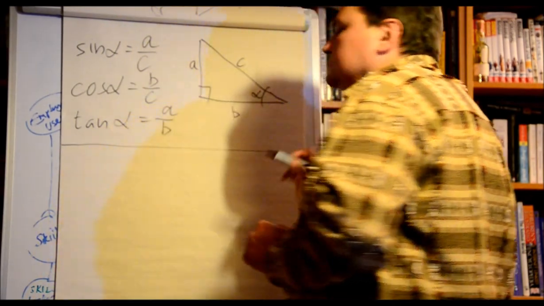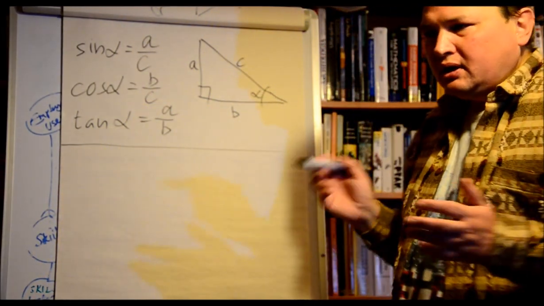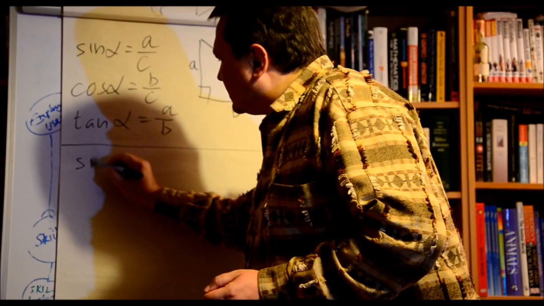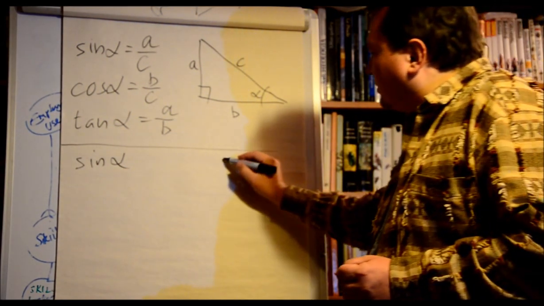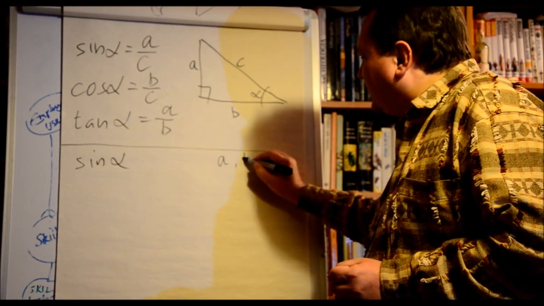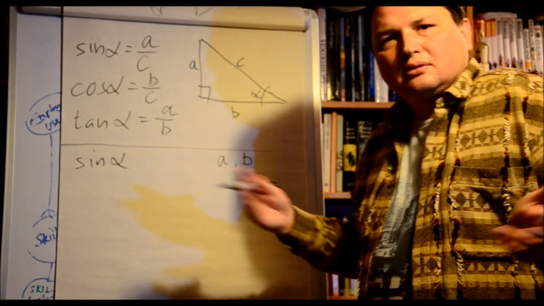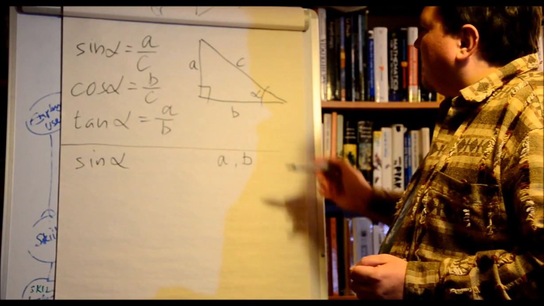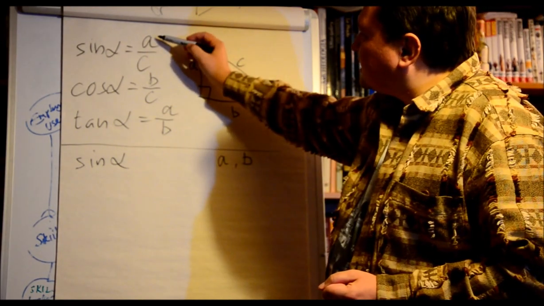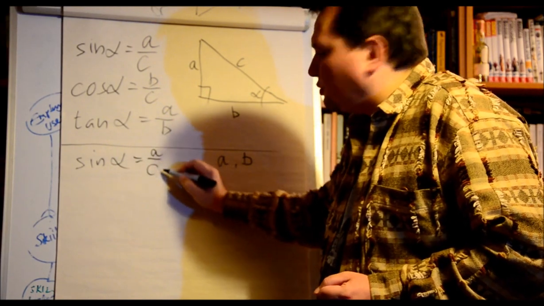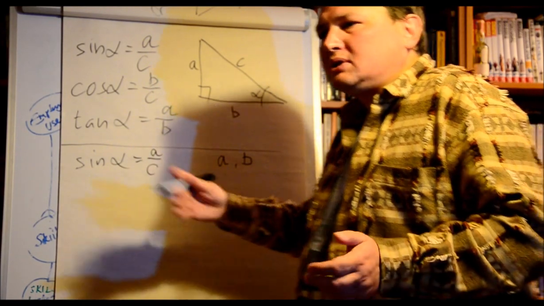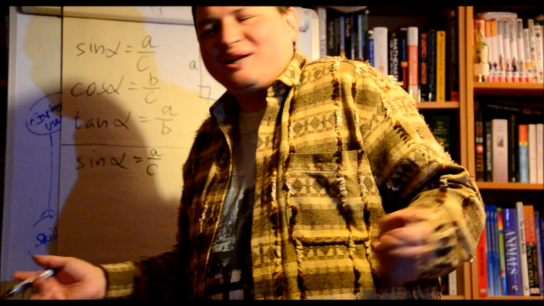But now, what if the task we have is to find sine alpha, but we only have the values of A and B, and not C. The main formula for sine alpha is A divided by C. We know A, we don't know C. But here, Pythagoras can come with help.